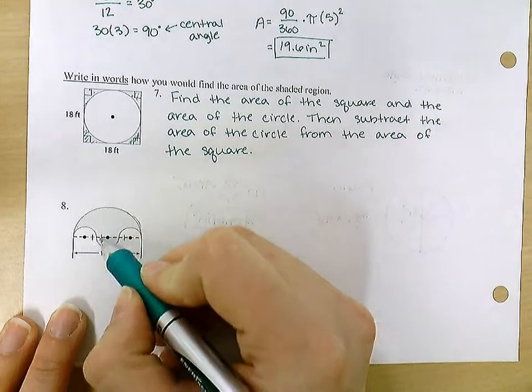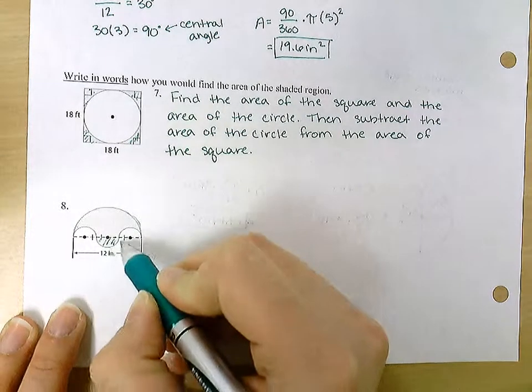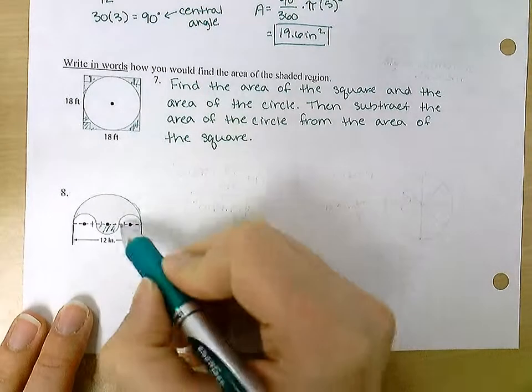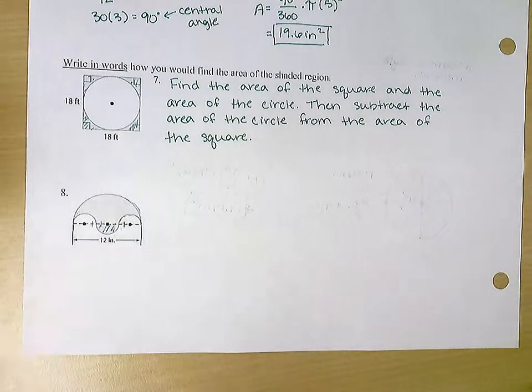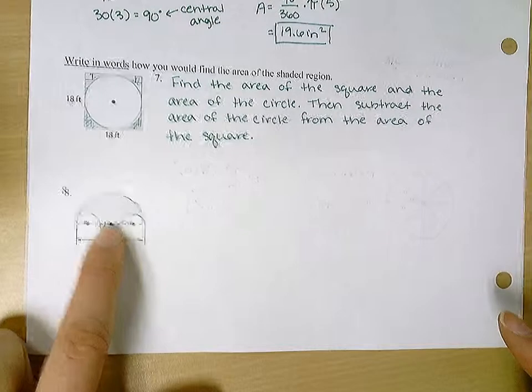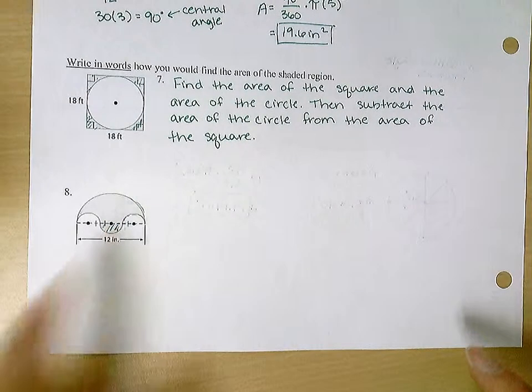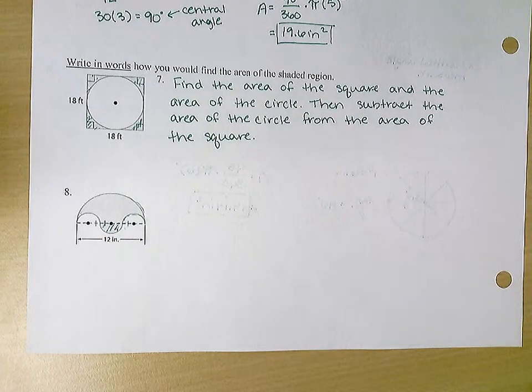So what if I took that shaded half circle that's added on at the bottom there and just flipped it up to this point right here? Then what would I have to do to find just that shaded region? So if I moved this little one up here, what would I do to find just the shaded region?